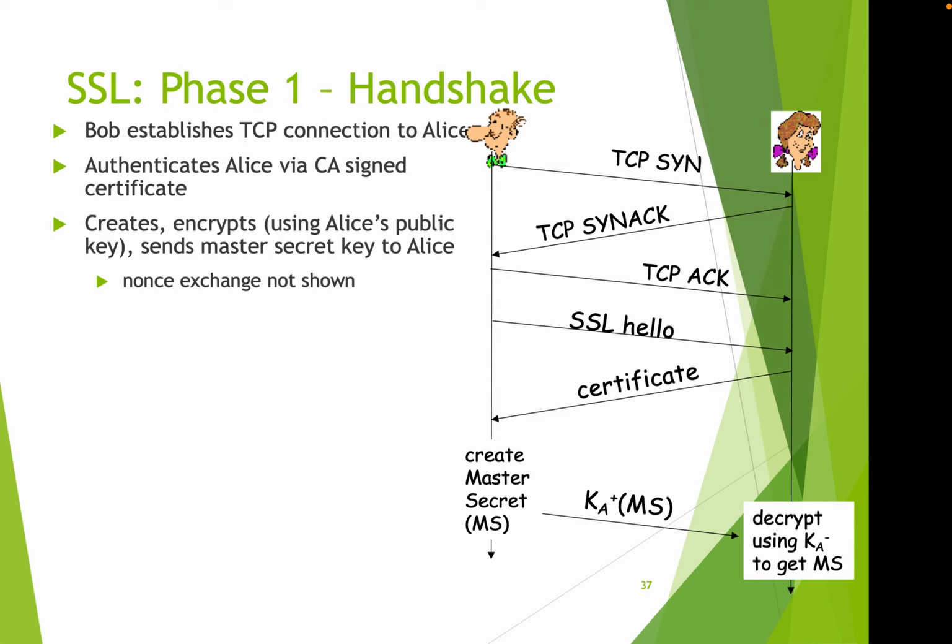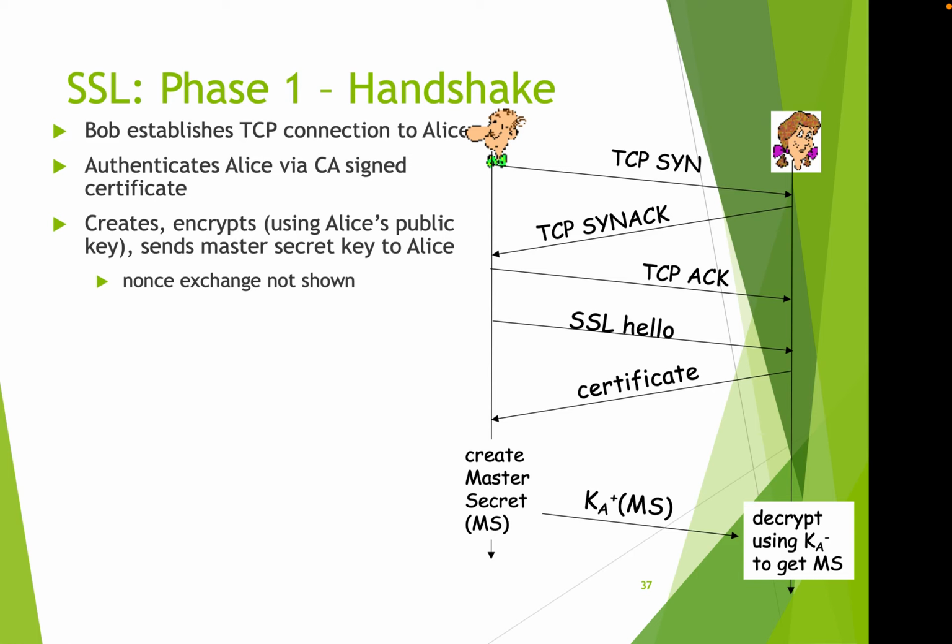So the back and forth, that's the phase one handshake. Here Bob creates a master secret key MS and sends it to Alice, and then Alice can decrypt it using KA plus, or using Alice's secret key.